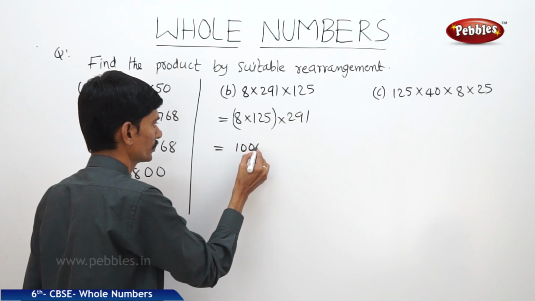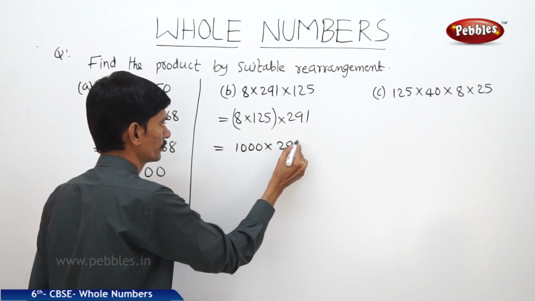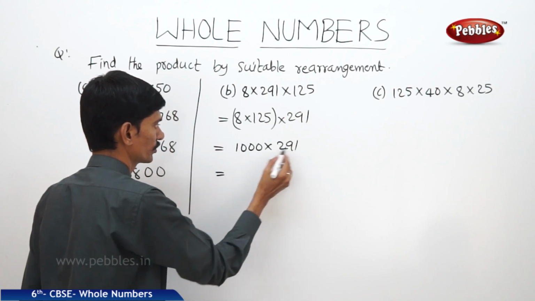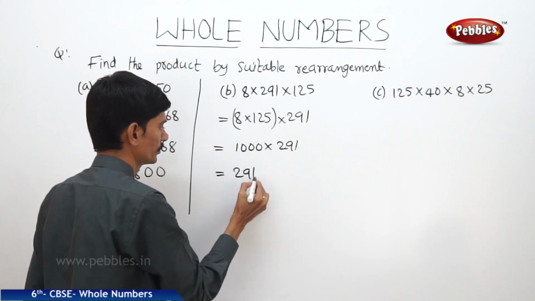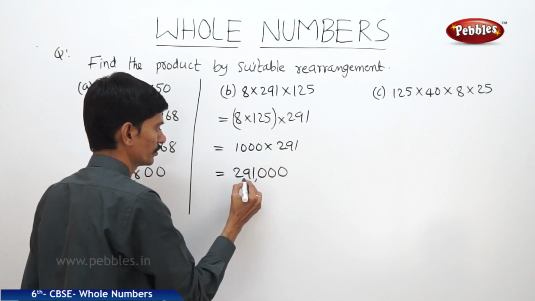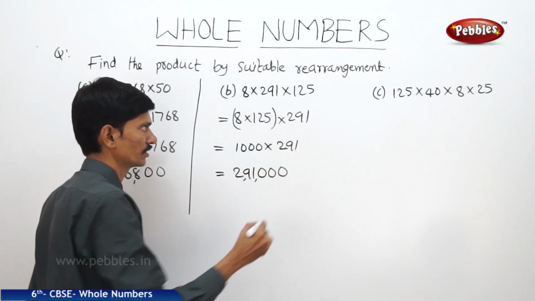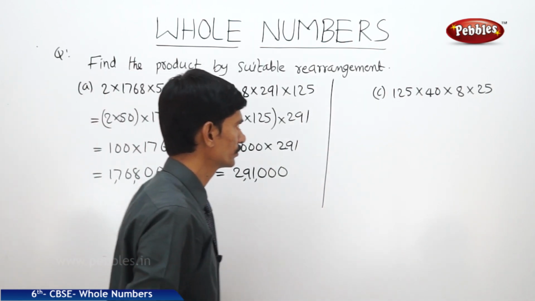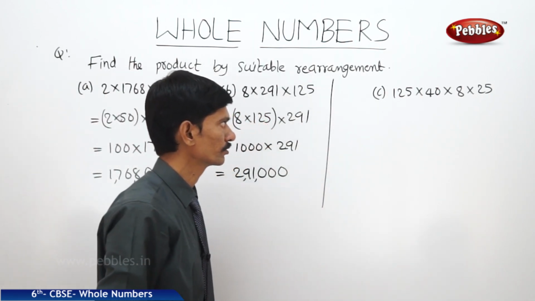So this is 1000 into 291. Now this equals to 291 ones are 291, and there are 3 zeros, 1 2 3 zeros. So this is 2,91,000. The next question, 125 into 40 into 8 into 25.